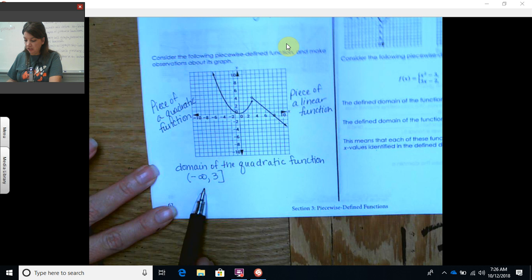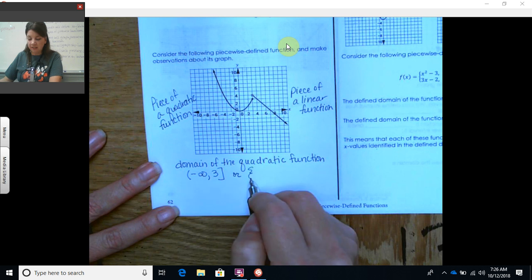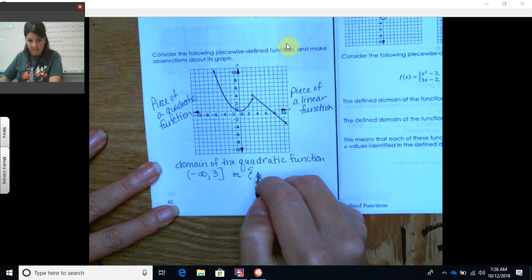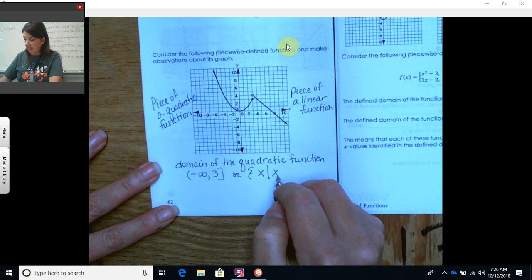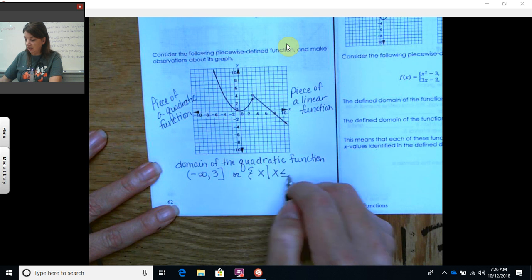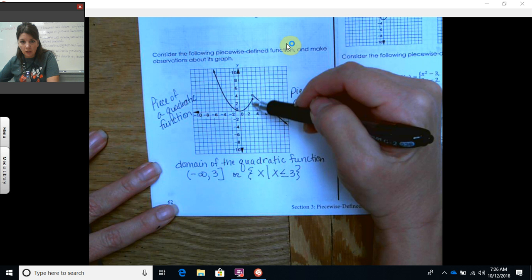If you wanted to write it in set notation, remember that's with a fancy bracket, and you would say x such that x is less than or equal to 3, close bracket, because all of your x values on the quadratic are 3 or less than that, right?